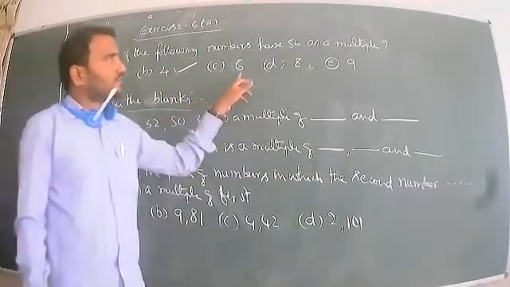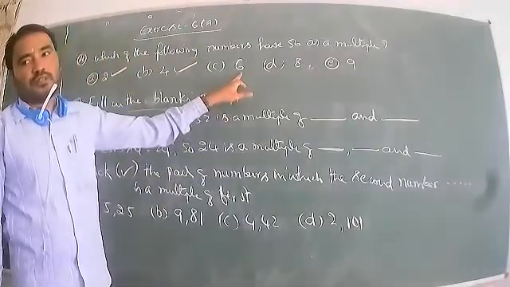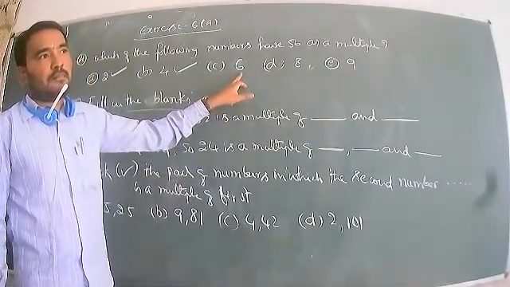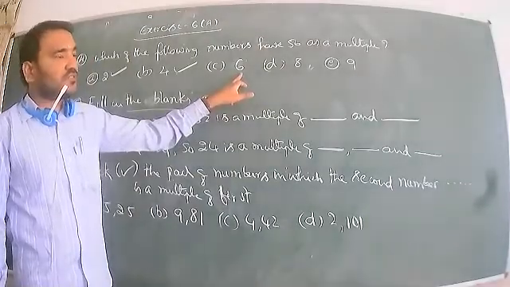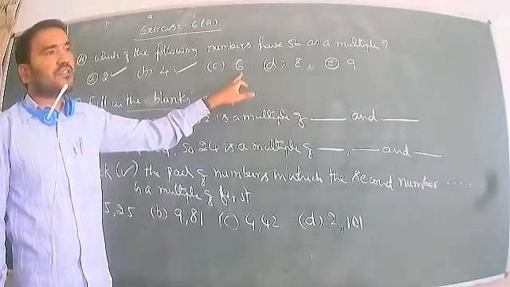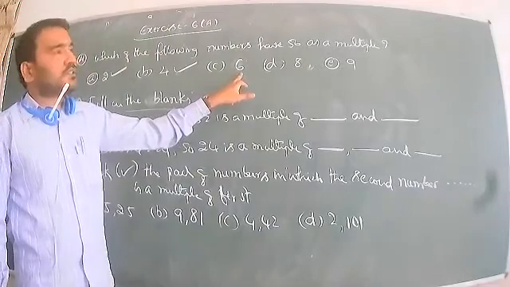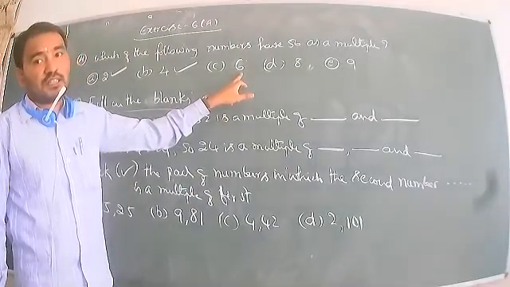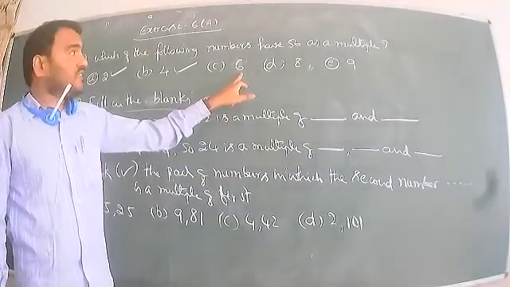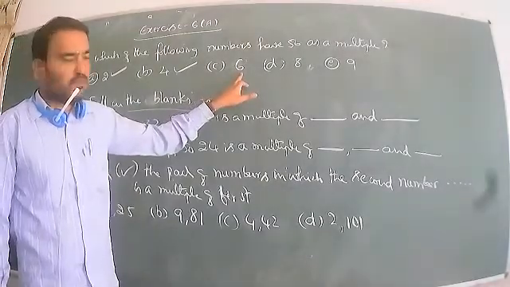Next, 6. 6 1s are 6, 6 2s are 12, 6 3s are 18, 6 4s are 24, 6 5s are 30, 6 6s are 36, 6 7s are 42, 6 8s are 48, 6 9s are 54, 6 10s are 60. It is not a multiple of 6.